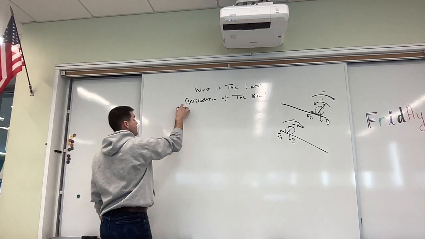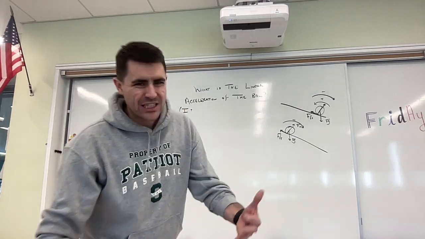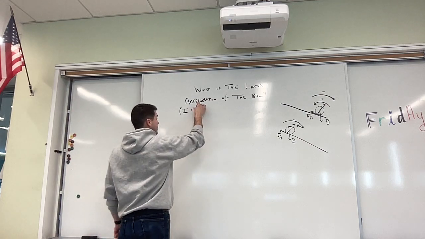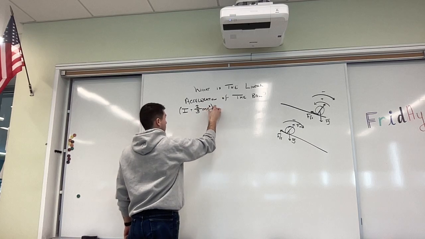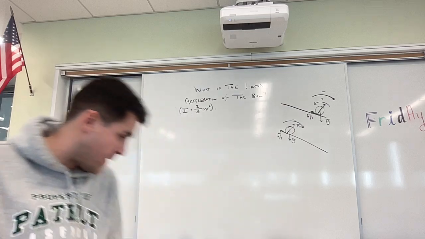One thing you have to know is that the I for a thin sphere like this, like a hollow basketball, its I value is 2/3 mr squared. Okay? So this is the challenge problem that I asked you in class today.